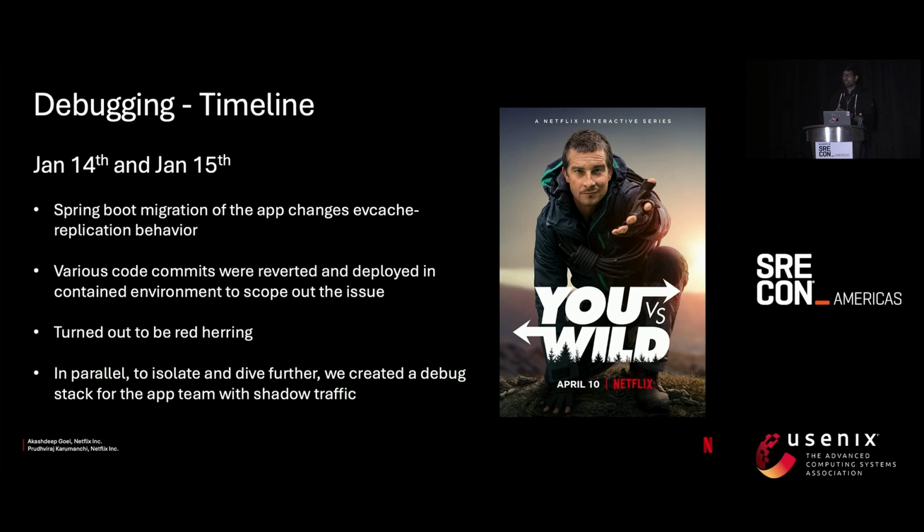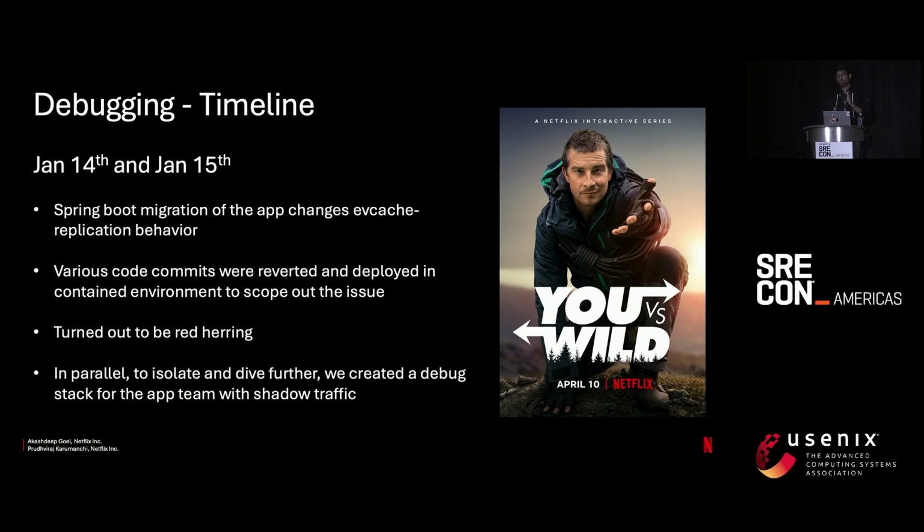This system does 30 million replication events per second, and we have hundreds of applications using the same replication architecture that we have shown. So finding out whether the delete has taken effect for one key or not is extremely hard. What we tried to do was create a shadow environment to isolate the issue and then try to reproduce it. There were 2 parallel work streams that we divided ourselves into.